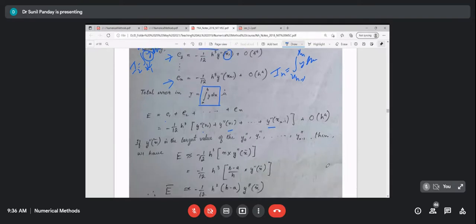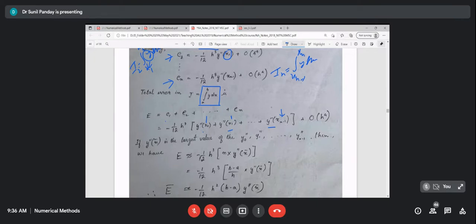Again, I assume this because I am expecting what the maximum error can be. So I assume there are y double dash of x naught, y double dash of x1, up to y double dash of xn minus 1, and any one of them is the maximum of all remaining values.